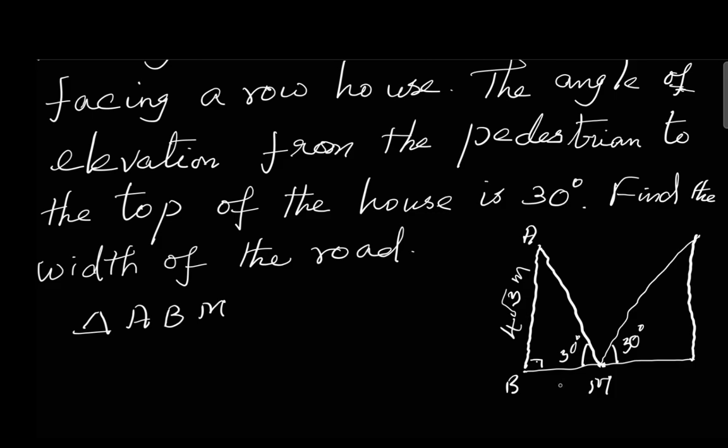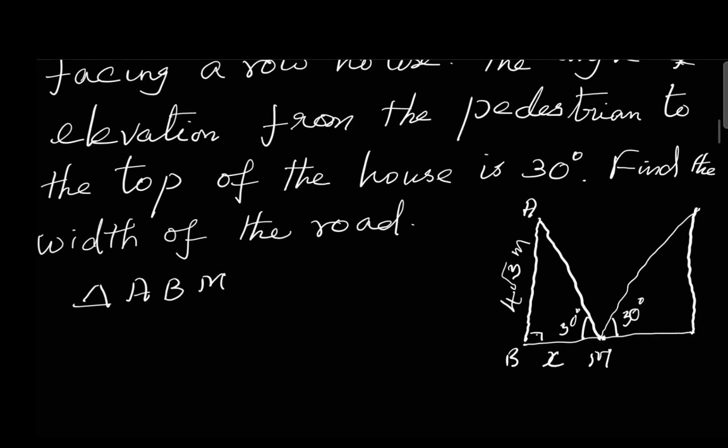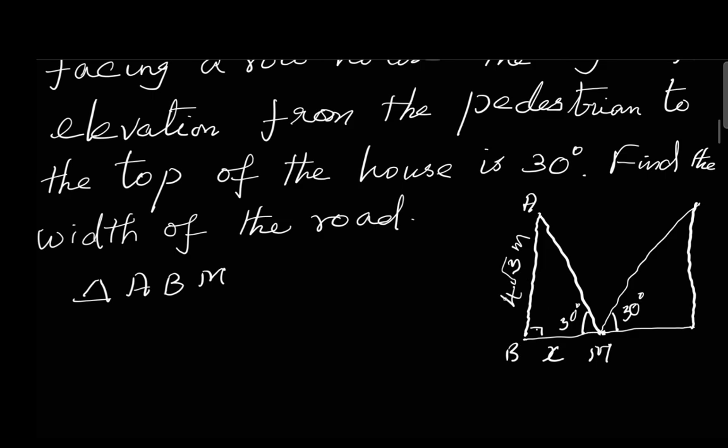You are supposed to find the adjacent side. What is this BM? Let me take X. So for this triangle, opposite by adjacent. This I mention as AB, the house, whose height is given as 4 root 3 meter.